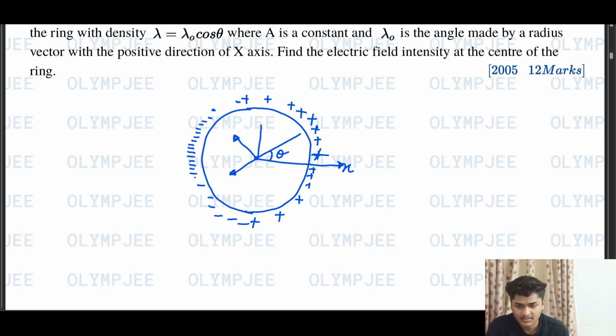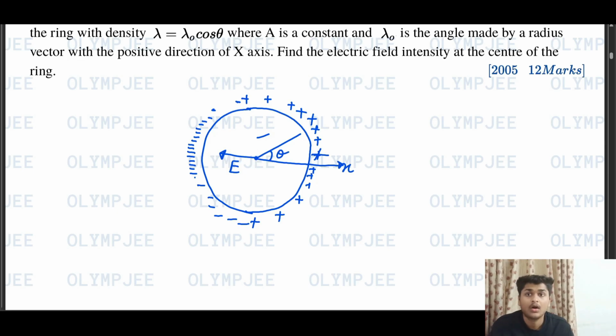So this component will get cancelled, and we will get only this component. Similarly for negative also, the field will be in this direction only, because negative is attractive, and both the y components will get cancelled. So we will have only the x component of the field. So the field will be directed in the minus x direction.